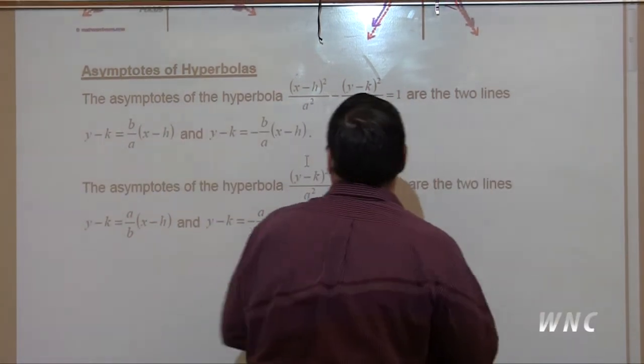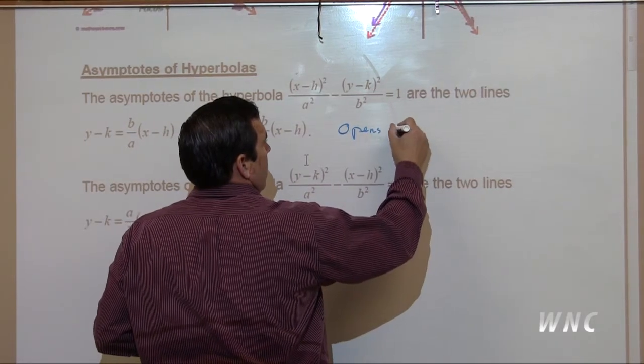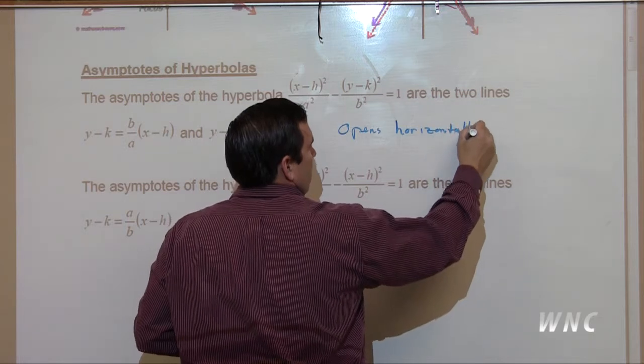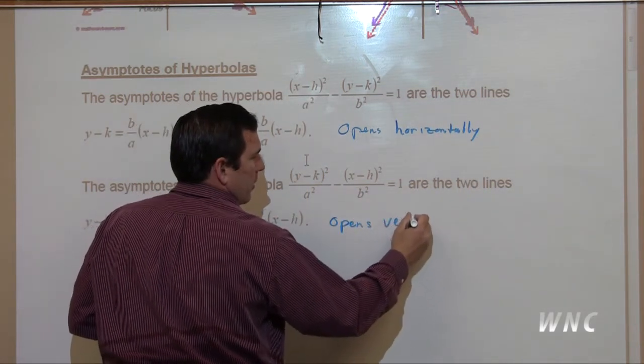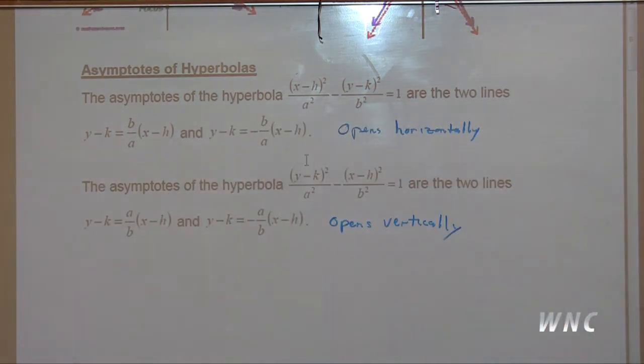We make a note here. This is where it opens horizontally. And here it opens vertically. So if you want to pause that and write that down, feel free to do so.